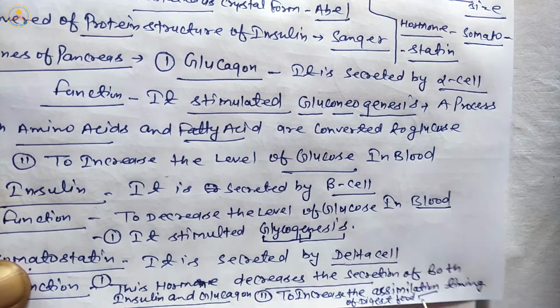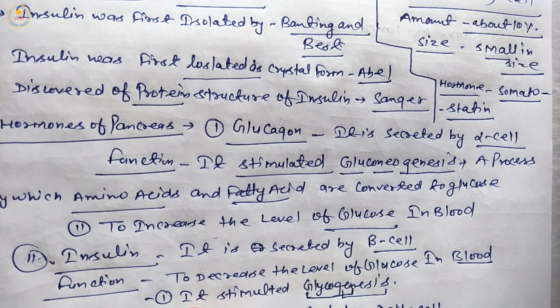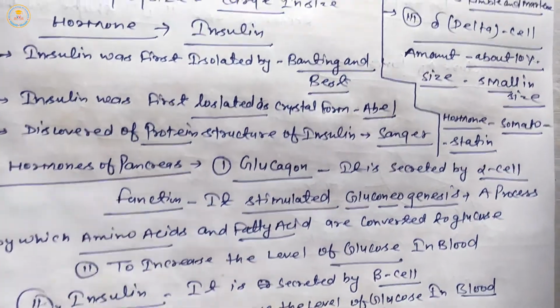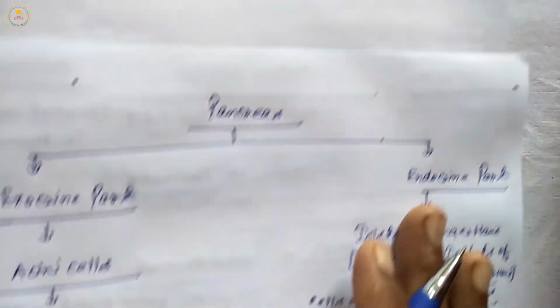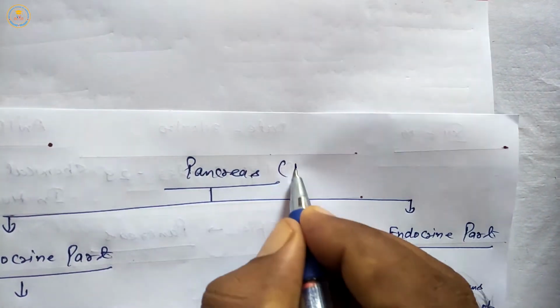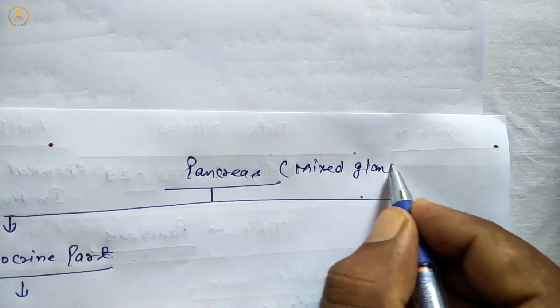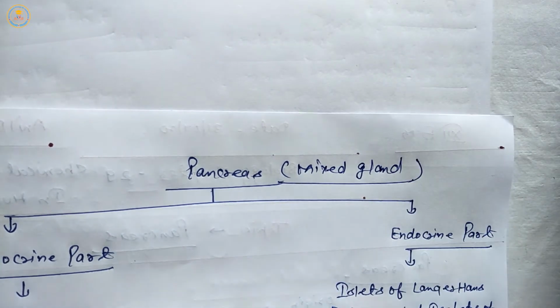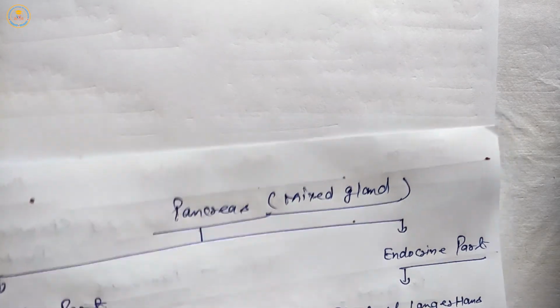So students, today's topic is completed. Today we studied pancreas, endocrine gland. Students, this gland behaves as exocrine and endocrine, so it is also a mixed gland. The only single mixed gland is pancreas.